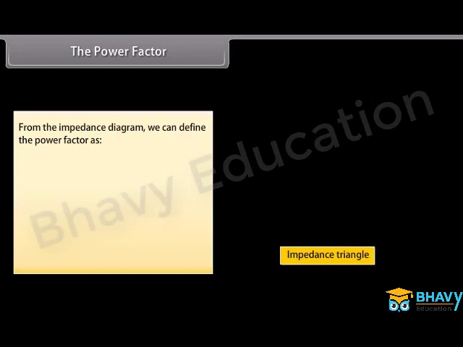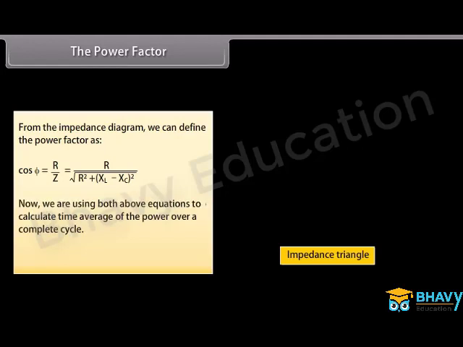From the impedance diagram, we can define the power factor as cos phi equal to R upon Z, which is equal to R upon under root R square plus XL minus XC square. Now, using both above equations to calculate the time average of the power over the complete cycle, P bar is equal to Irms square into R.